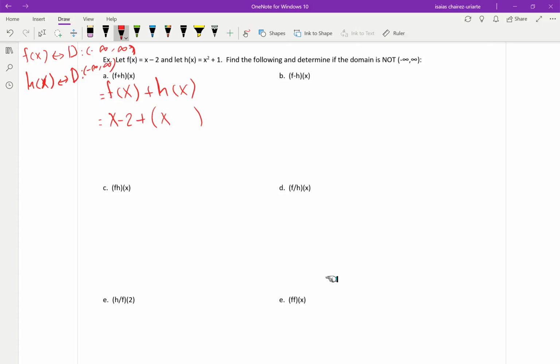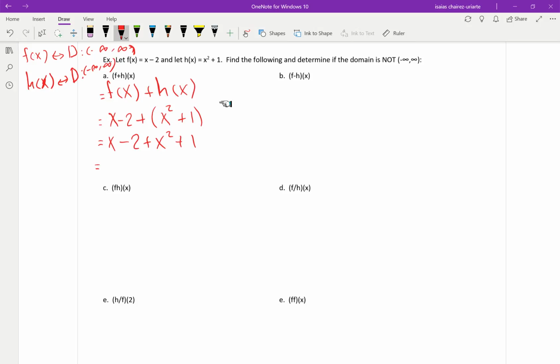It's x squared plus 1, because this positive right here is going to affect everything that my function h of x is. Technically there is a 1 right here, and I have to distribute a 1. It's not as important in this particular scenario, but in the next one it'll be a little bit more important. So plus 1.